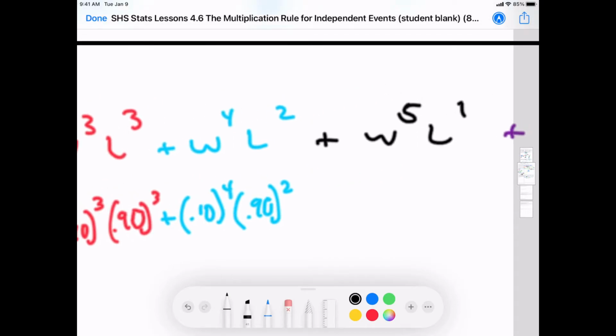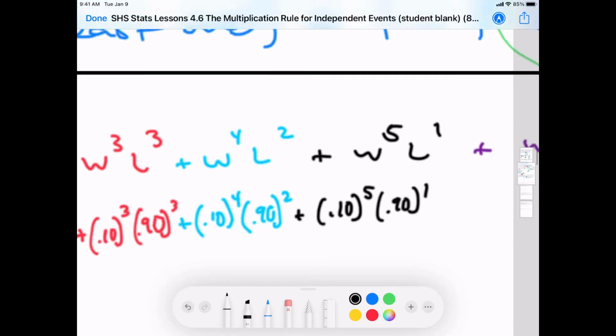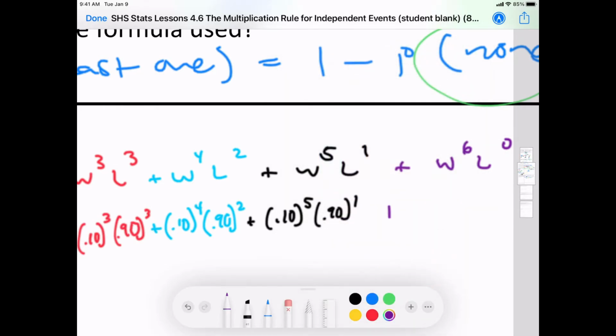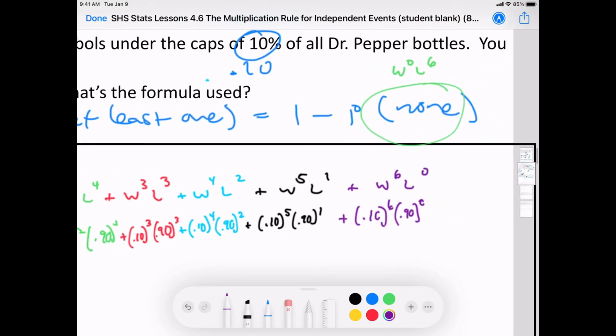This one, 0.10 to the 5th, and a 0.90 to the 1st power. And a purple, 0.10 to the 6th power, and then if you know your exponents, that just means 1, which means 0.90.